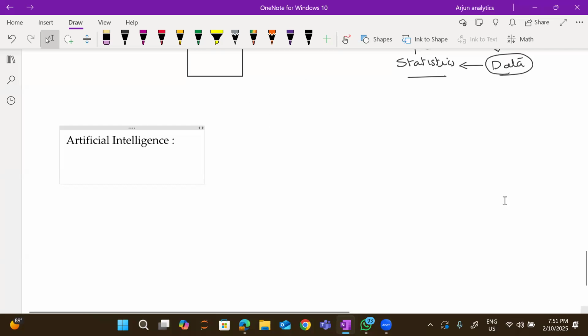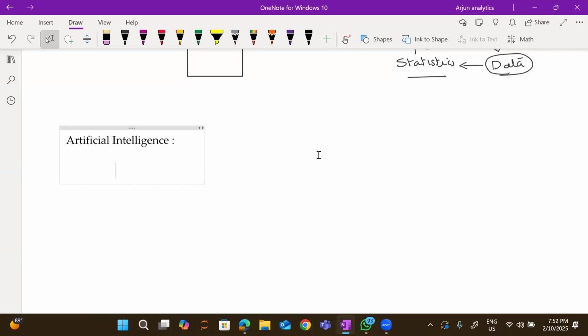What we are going to talk about artificial intelligence is, it is a process in which we design intelligent machines which simulate human behavior or human intelligence.